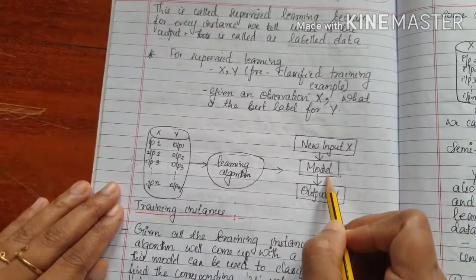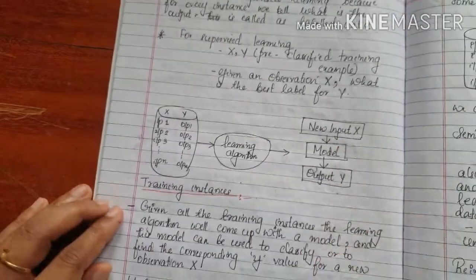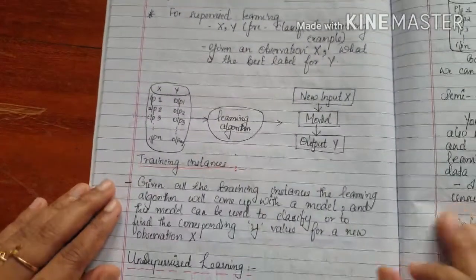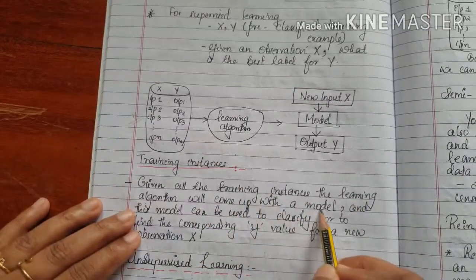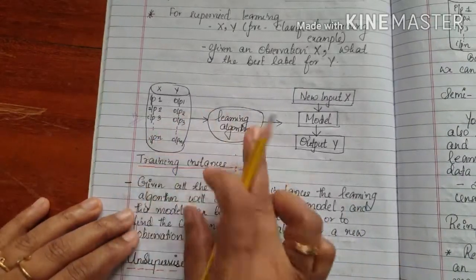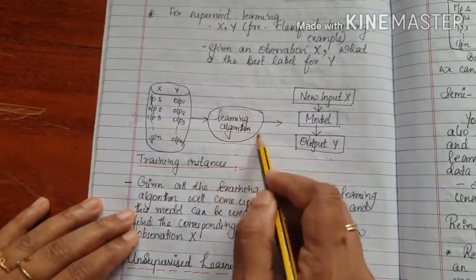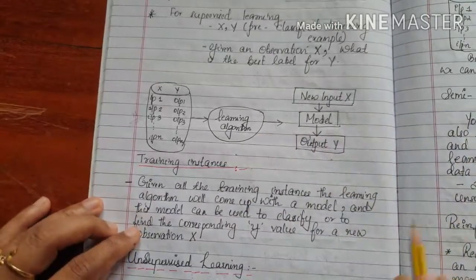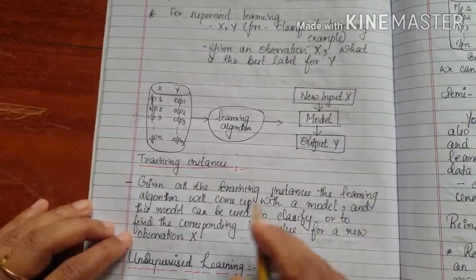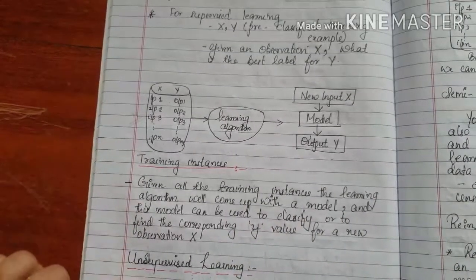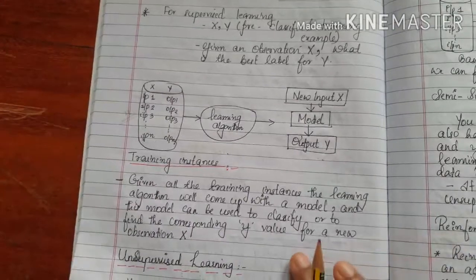Once we create this model, we give the new instance and produce the new output. Given all the training instances, the learning algorithm will come up with a model, and this model can be used to classify or to find the corresponding y values for every new observation. These are all about supervised learning.